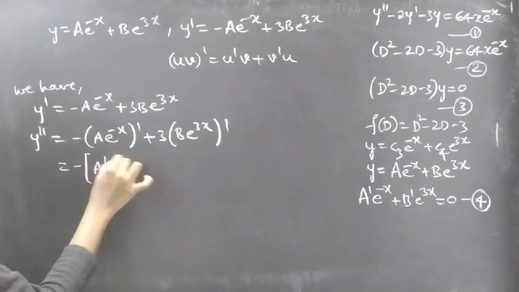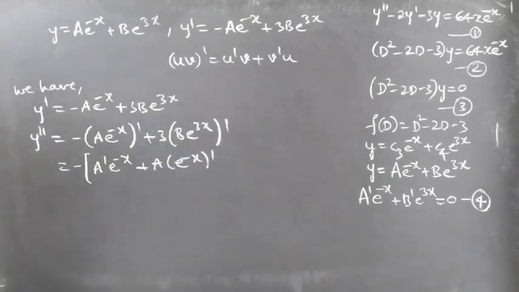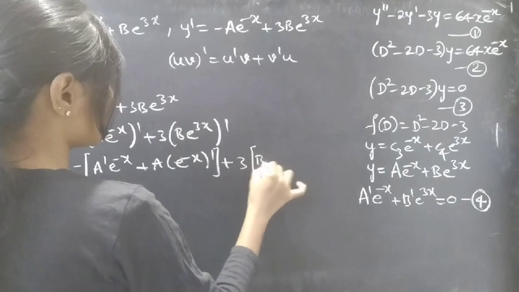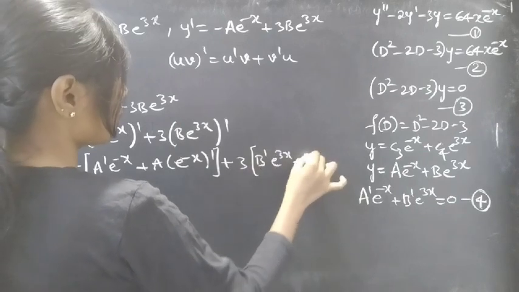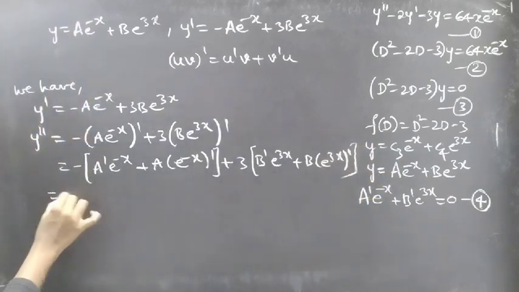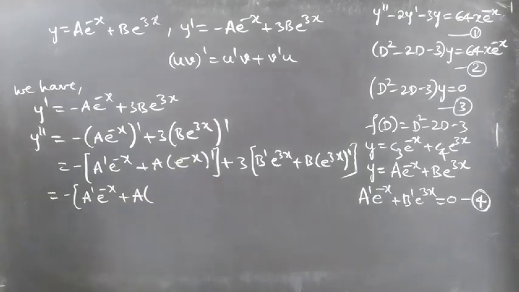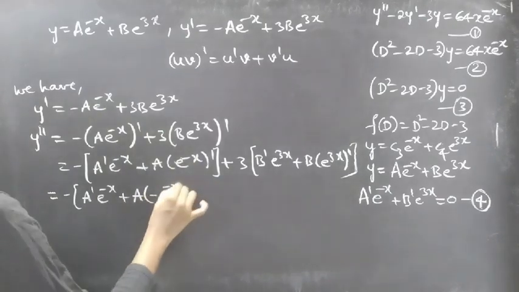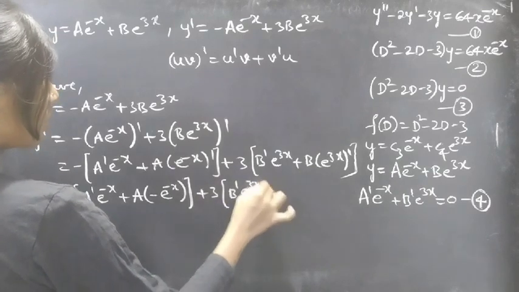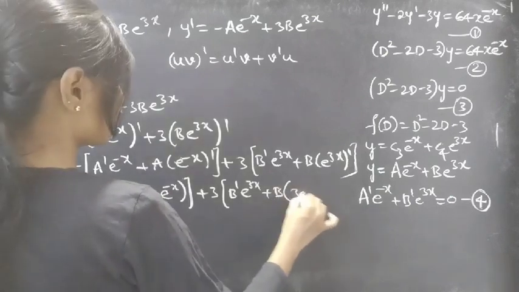We'll get minus of a' e^(-x) plus a into the derivative of e^(-x), plus 3 times b' e^(3x) plus b into the derivative of e^(3x), which gives us minus of a' e^(-x) plus a into the derivative of e^(-x) with respect to x, which is minus e^(-x), plus 3 times b' e^(3x) plus b into the derivative of e^(3x) with respect to x, which is 3 e^(3x).